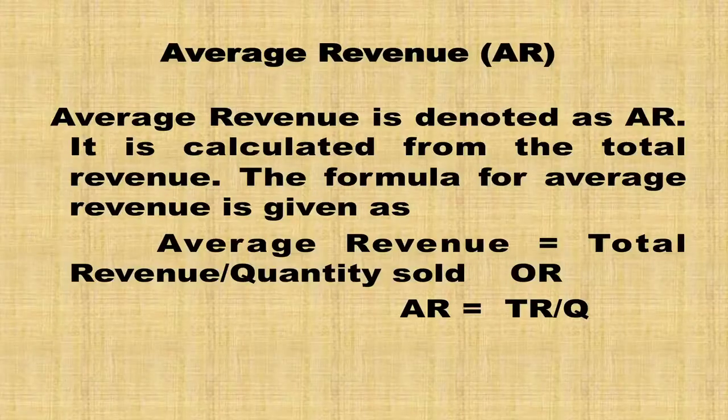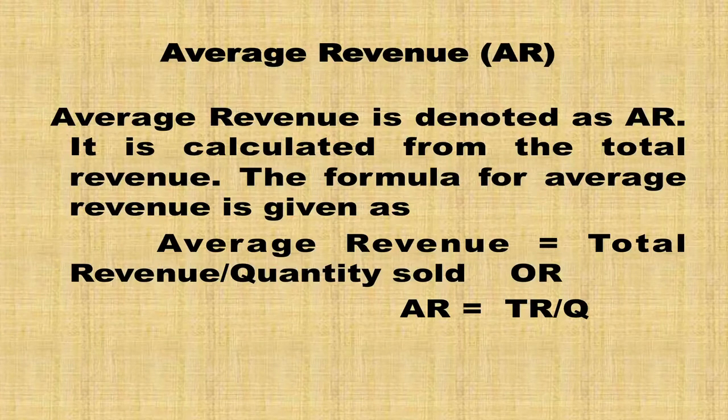Let us quickly brush through average and marginal revenue. Average revenue, which is denoted as AR, is calculated from the total revenue by dividing total revenue by the quantity sold.